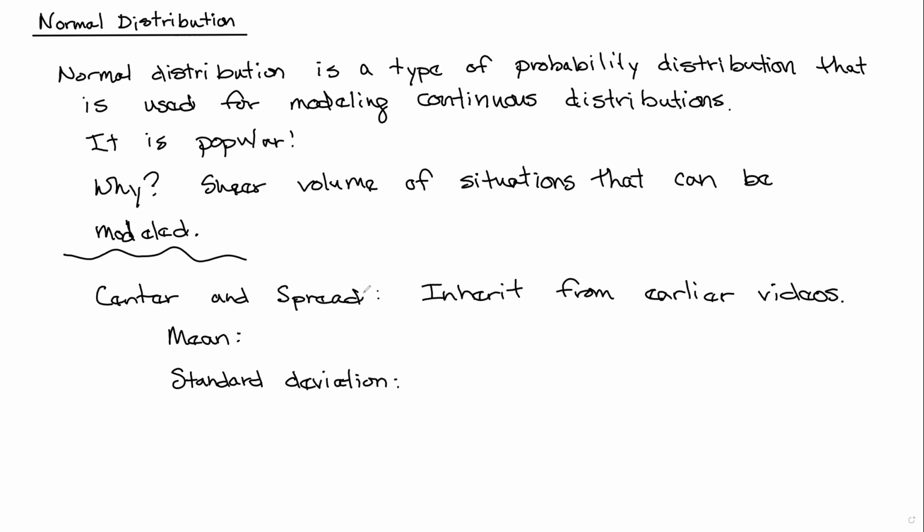The difference between them is a little subtle, but we're going to use a different symbol for the mean to separate the two. We're going to use the Greek letter mu for the mean, and sigma for the standard deviation.